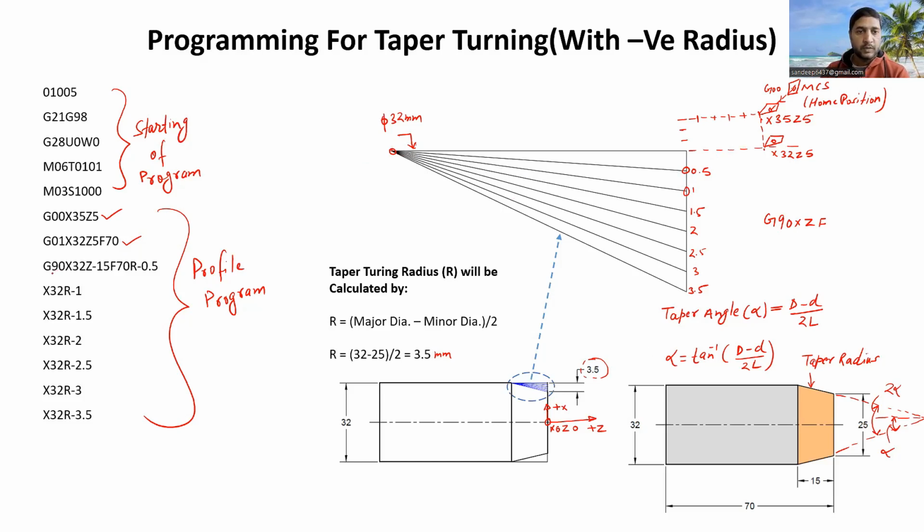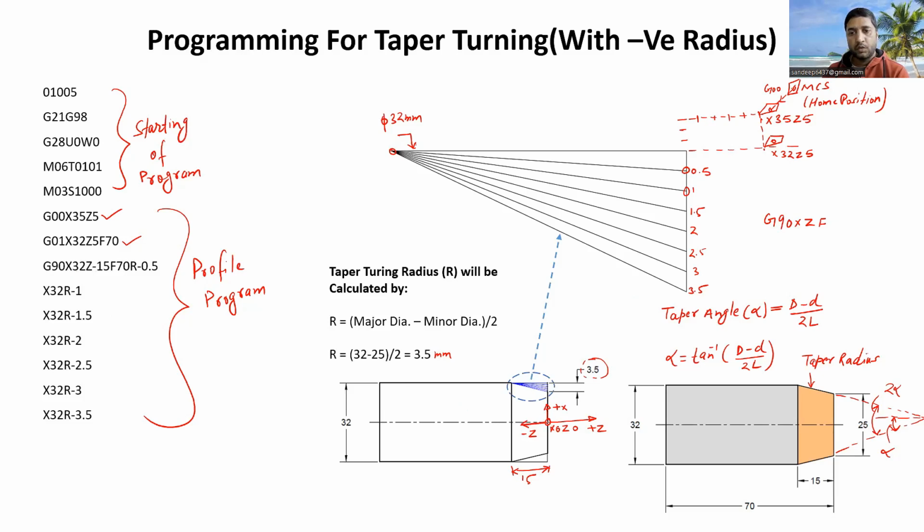So let me explain this line to you: G90, X value is 32, and for Z we are taking the taper length here. This is the taper length, which we are taking as minus 15, because when we are moving the cutting tool from this point to this point, it will be along minus Z. I think you are now familiar with this.